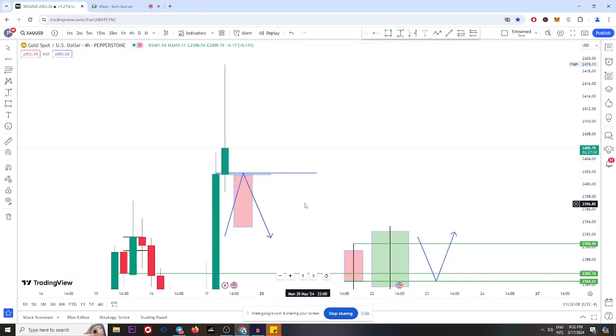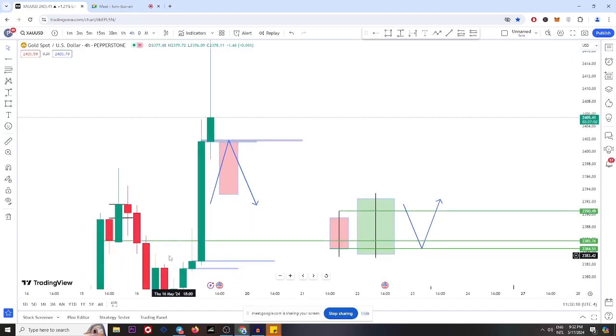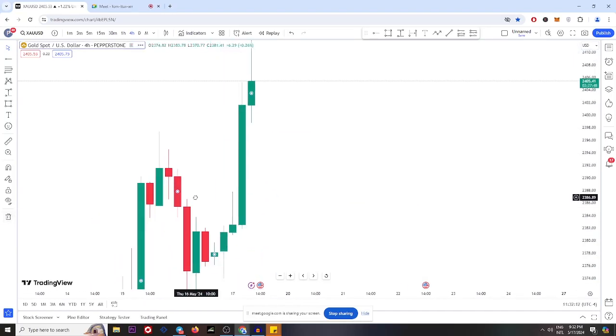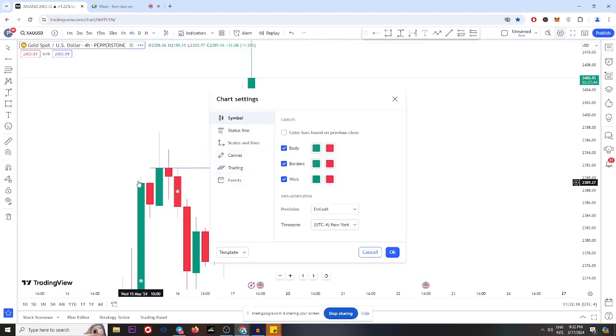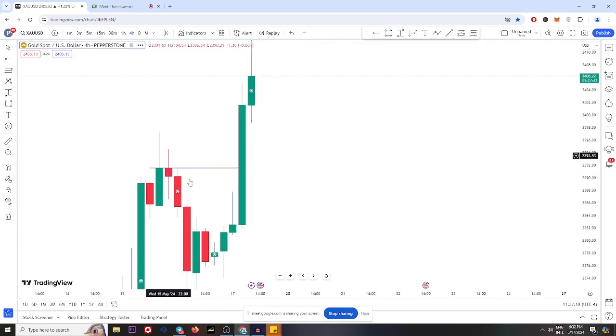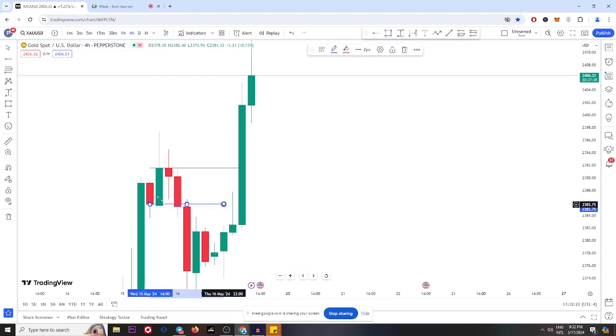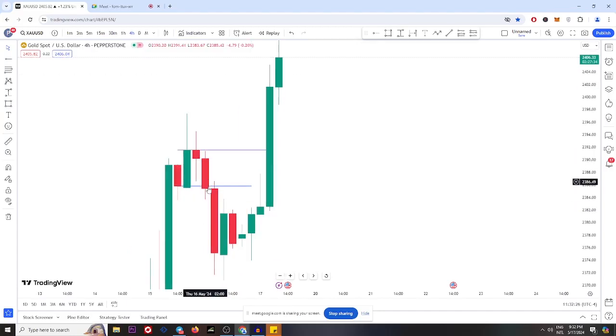So when this support is broken, now it becomes what? Resistance, right? When we see the market break out of that support, we call it a resistance, and it was previously support, now become resistance, we are going to call it SBR.